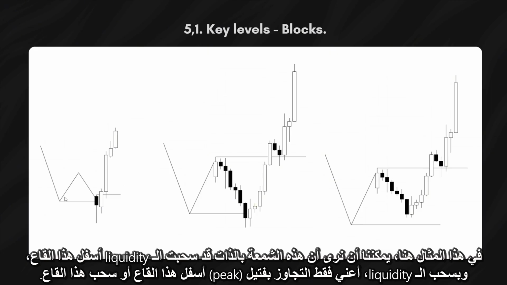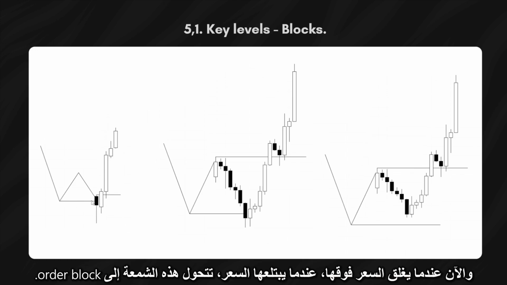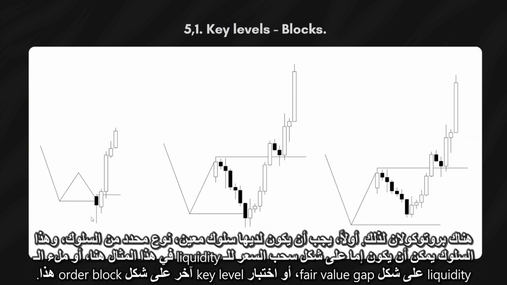And by taking out liquidity, I mean just peeking below this low or taking out this low. This candle has purged below this low. And now when price closes above it, when price engulfs it, this candle turns into an order block. This is how an order block is formed.